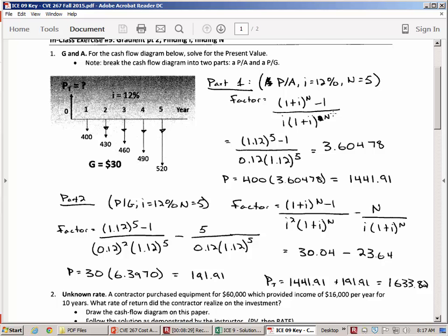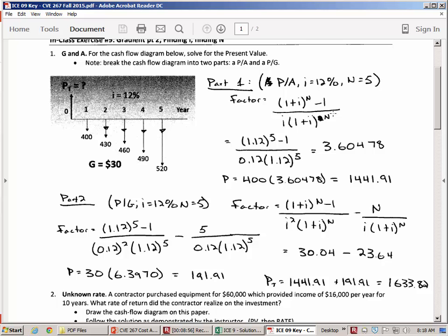Any questions from this problem? Yes? We do. These are all going to year 0. The thing in this example, though, is that both the A and the G are already starting at year 0. It's not starting at year 1.